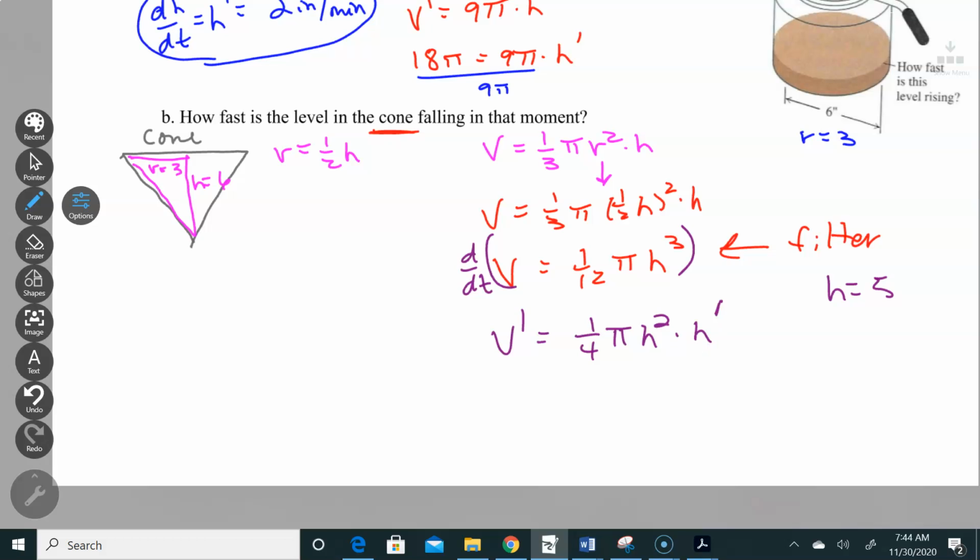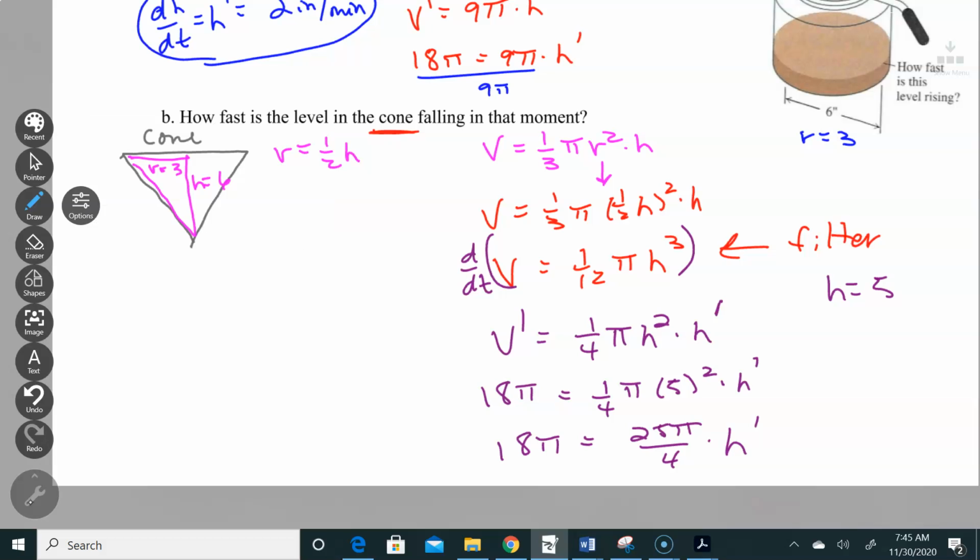I'm trying to find h prime. I know V prime is still 18 pi, which is equal to 1/4 pi times 5 squared times h prime. So 18 pi is equal to 25 pi over 4 times h prime.